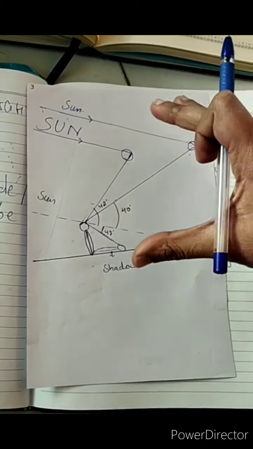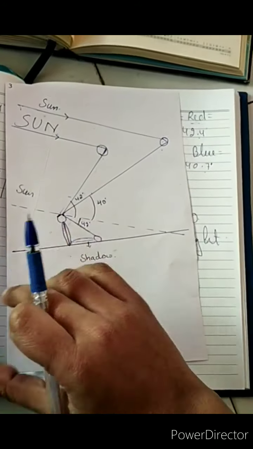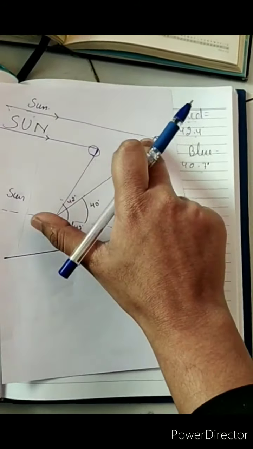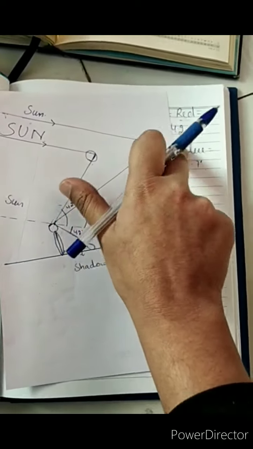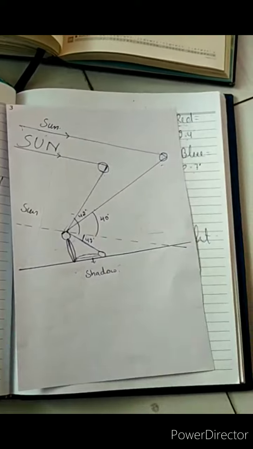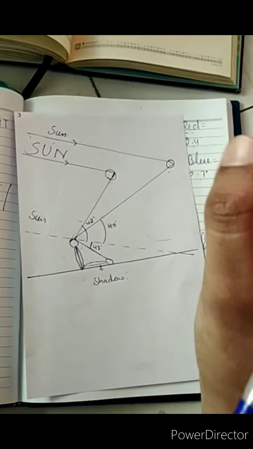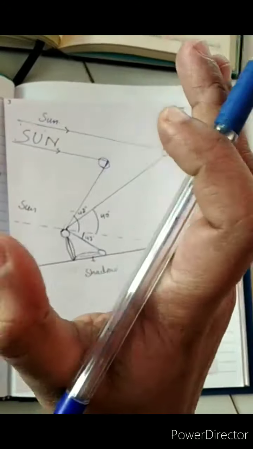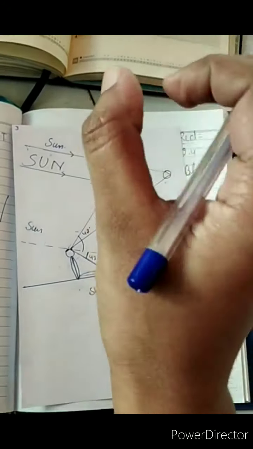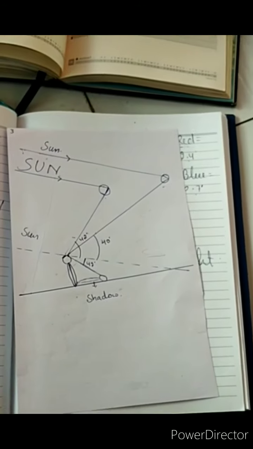This raindrop is throwing back to you a colorful rainbow, and you are able to see the whole colors of the rainbow. Okay, and of course if you see here, there will be complete white over here. But if you want to look at the whole rainbow, you have to adjust yourself in such a way that you can not only see the red light, but will be able to see the whole rainbow.